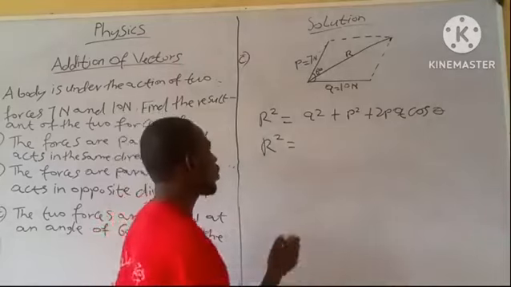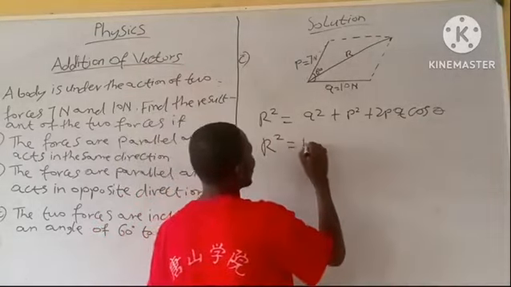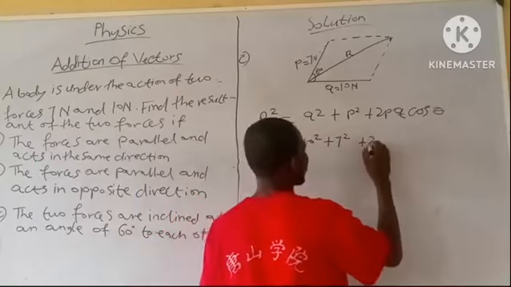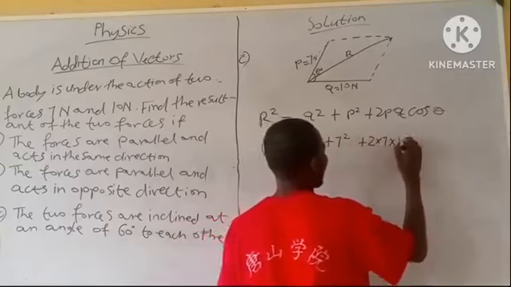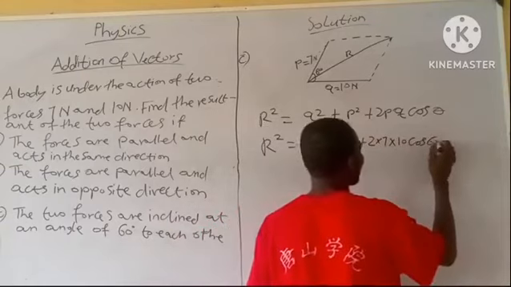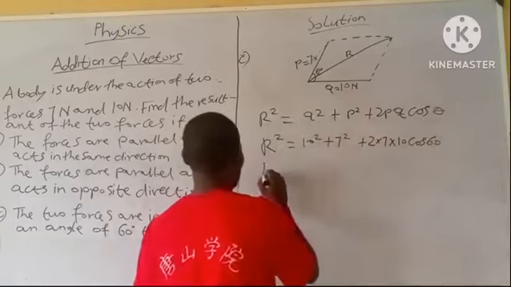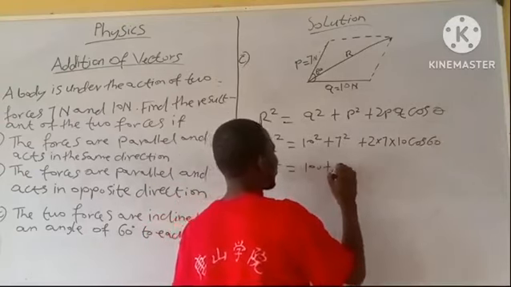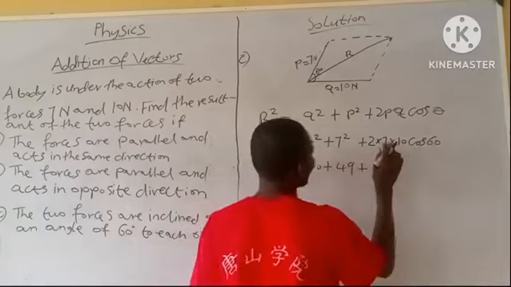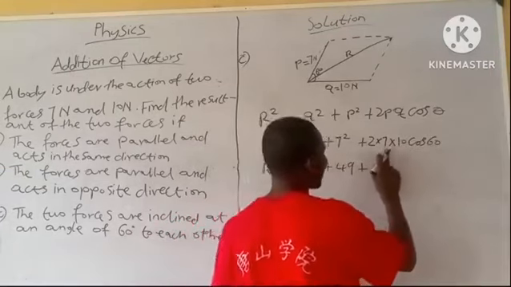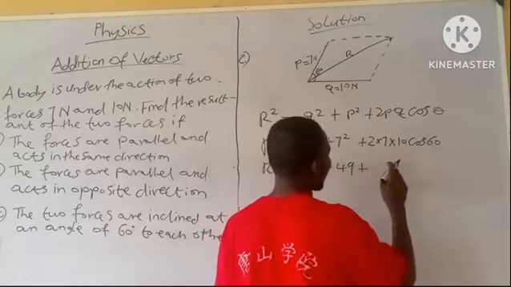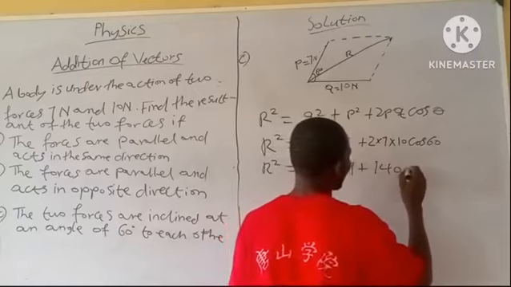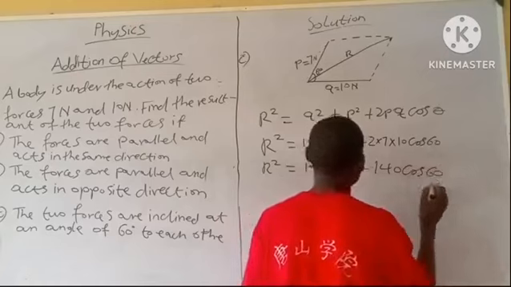So R squared is equal to 10 squared plus 7 squared plus 2 times 7 times 10 cos 60. R squared is equal to 100 plus 49 plus 2 times 7 times 10. 2 times 7 is 14, 14 times 10 will give 140 cos 60.